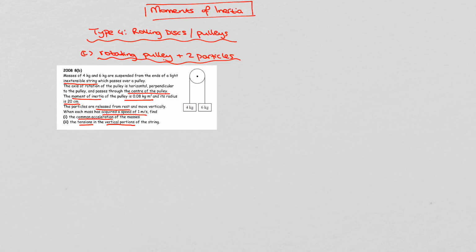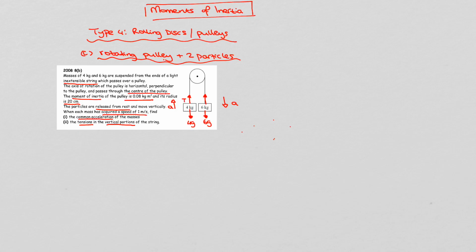Obviously 6 kilograms has the larger mass, so we would imagine it's going to accelerate down, where the 4 kilogram is going to accelerate up. Therefore, gravity acting on our 6 kilogram particle gives us a weight of 6g. Let's say our tension is acting up, away from our particles.